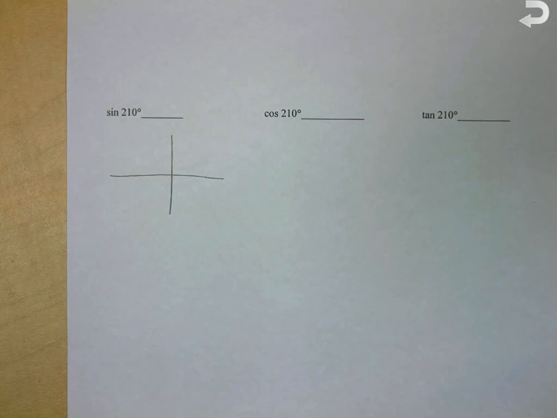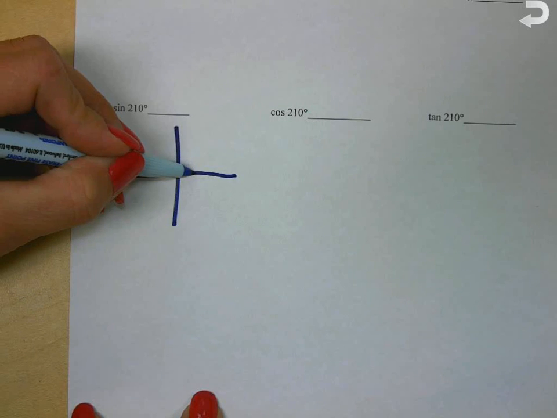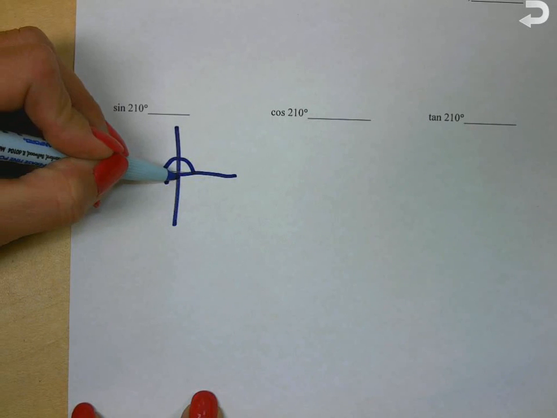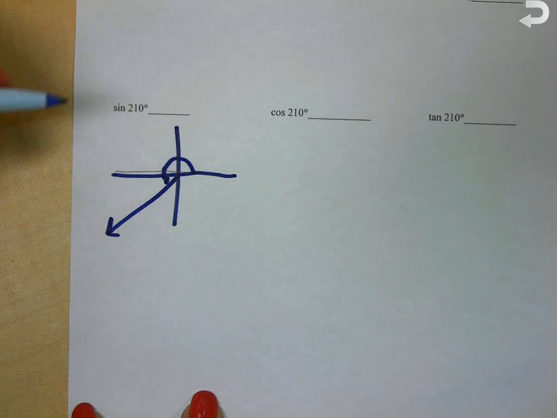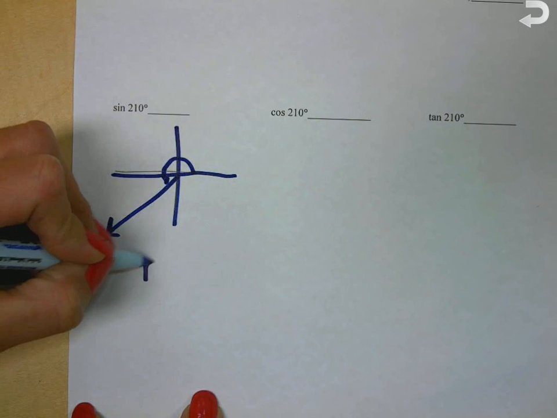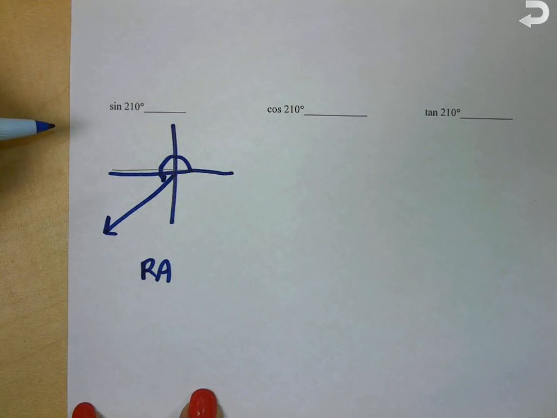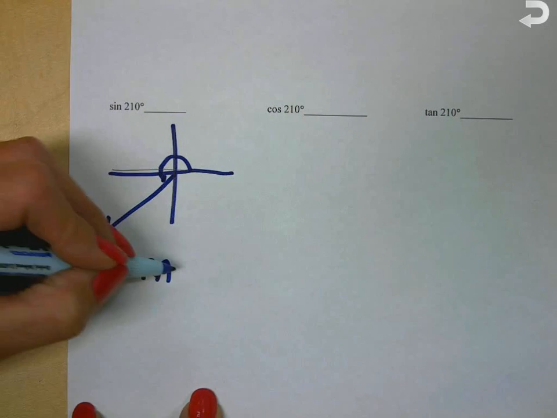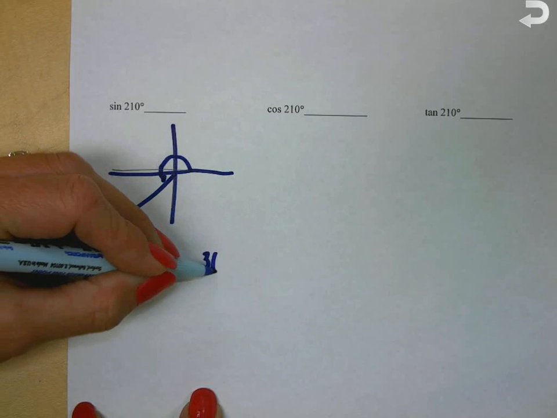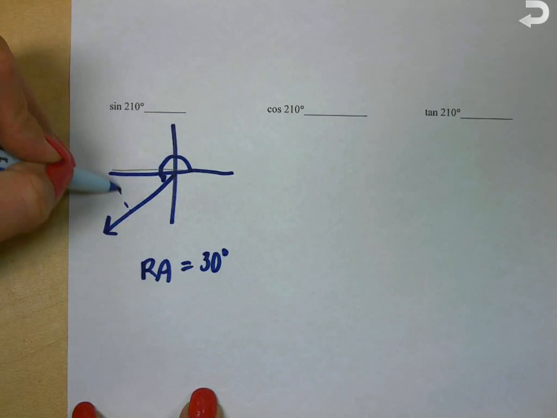When I look at this, 210 degrees is going to have a rotation like so that is going to be in the third quadrant, and I am going to have a 30-degree reference angle. Recall, your reference angle is always the acute angle that the terminal side of the angle makes with the x-axis. So I have a reference angle here that is 30 degrees.